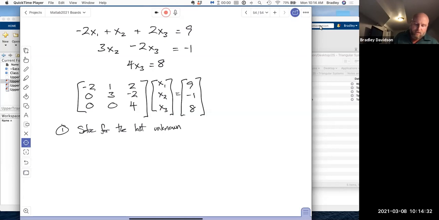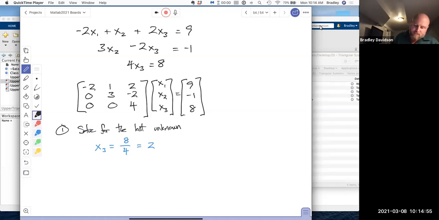And so that looks like this, where x3 is equal to 8 divided by 4. So let's keep all of our pieces here, where we've got our 8 and we've got our 4. And so we get that x3 is equal to 2.